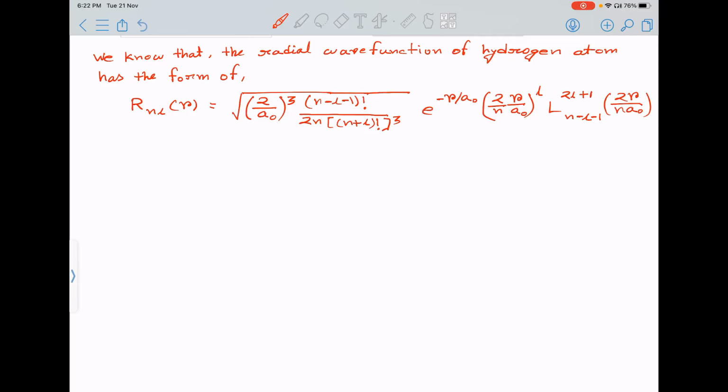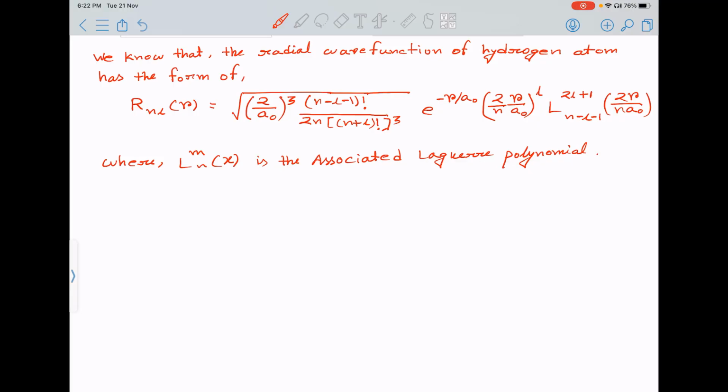Where the function L_n^m of x is the associated Laguerre polynomial.